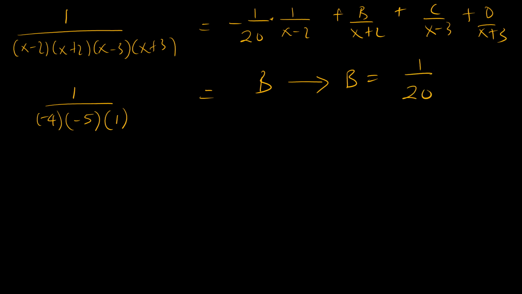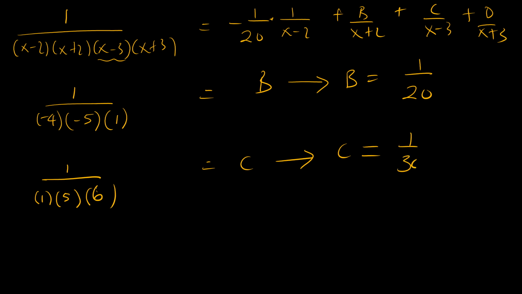And then for c, we'll have to substitute x equals 3. So we have 1 over 1, 5, because this is going to cancel away, so we're left with this. X equals 3, this is going to be 6, right? So it's equal to c.